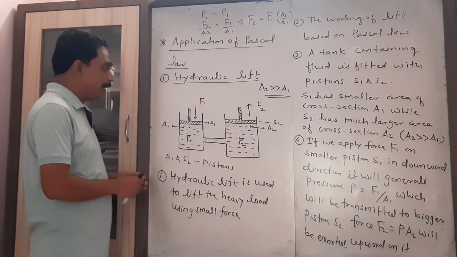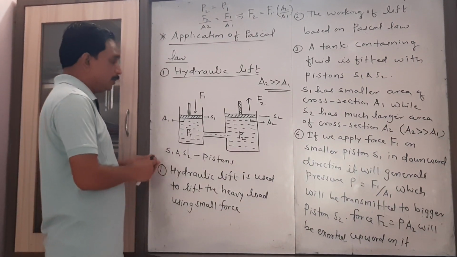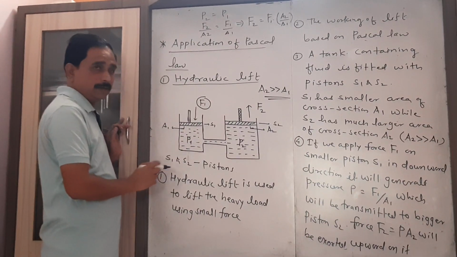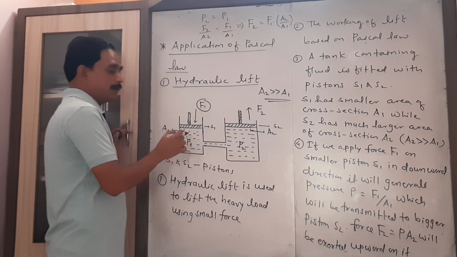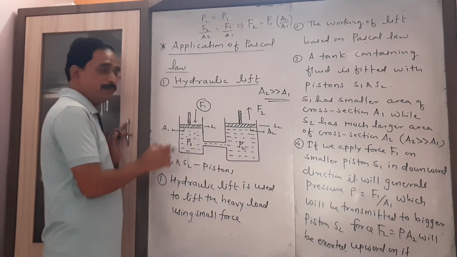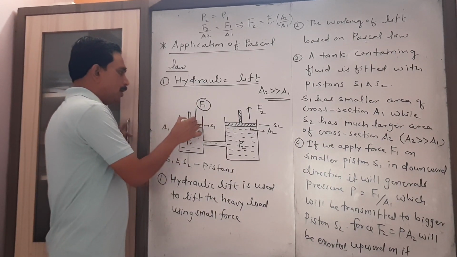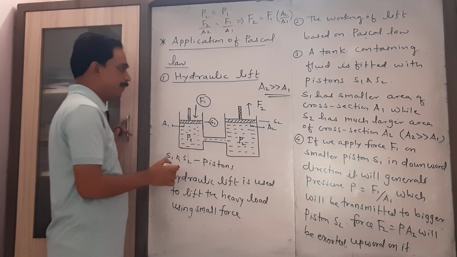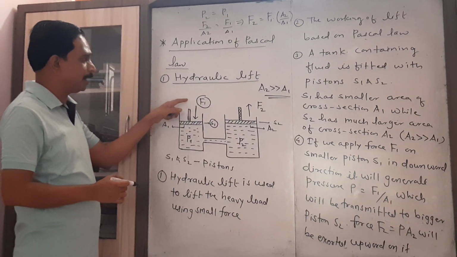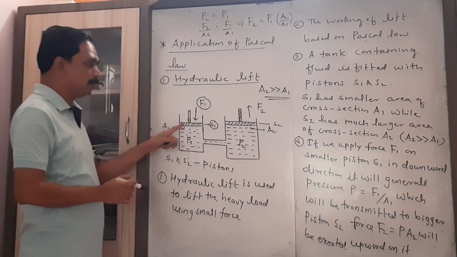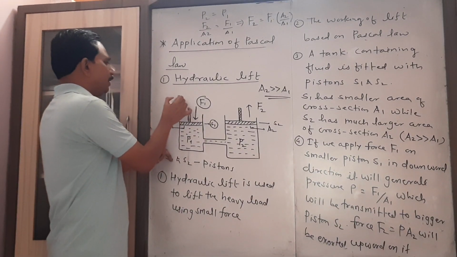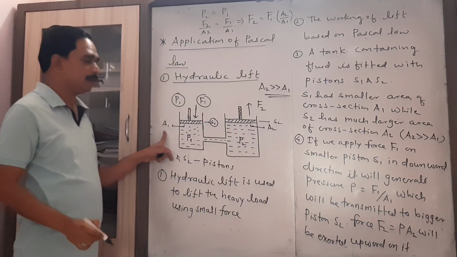Now if we apply some force on the first piston S1, let F1 be the force acting on the piston S1. Whatever force we are applying on the piston having area of cross section A1 means we are applying a certain pressure here.